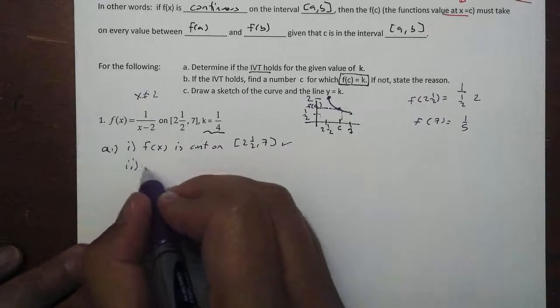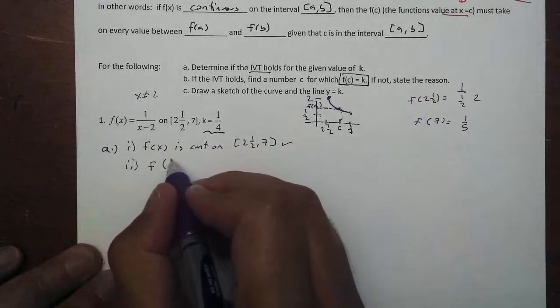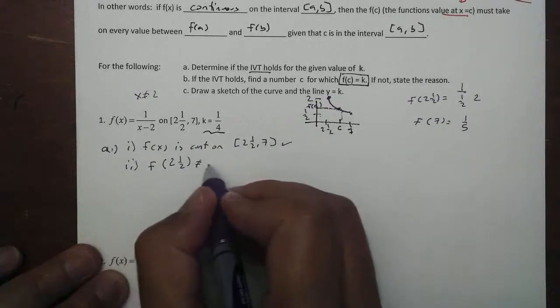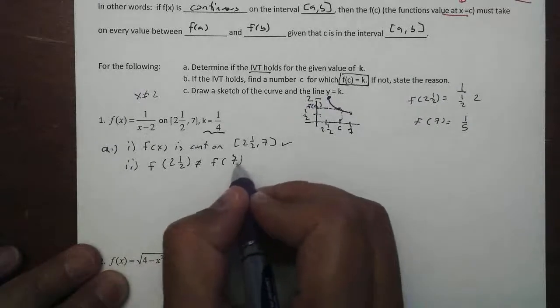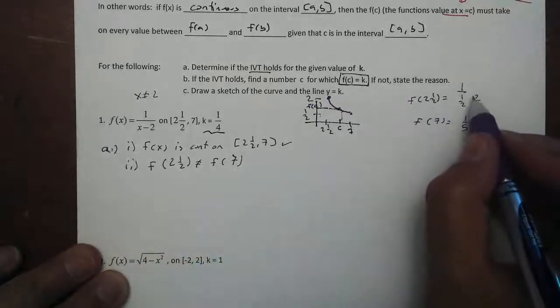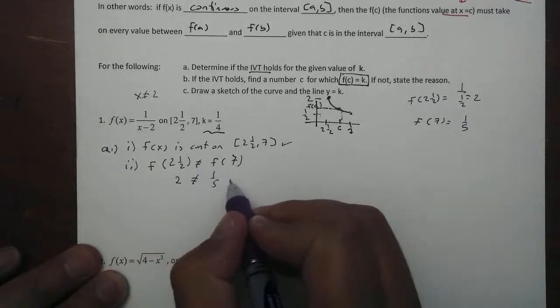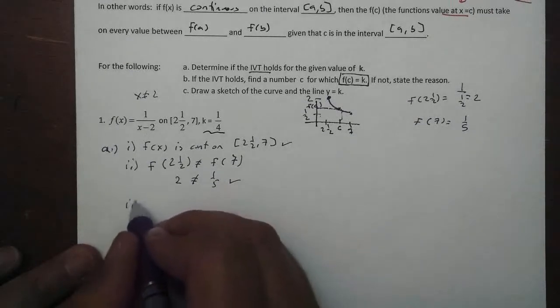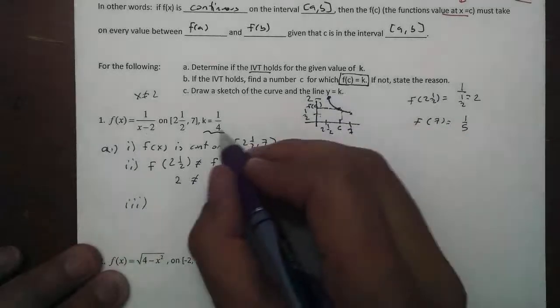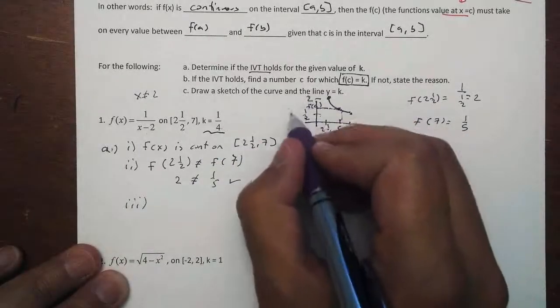The second step is to show that f of 2.5 does not equal f of 7. Well, we already found the values over here, so 2 definitely does not equal 1/5. Check. And then the third step, is 1/4 between 1/5 and 2?